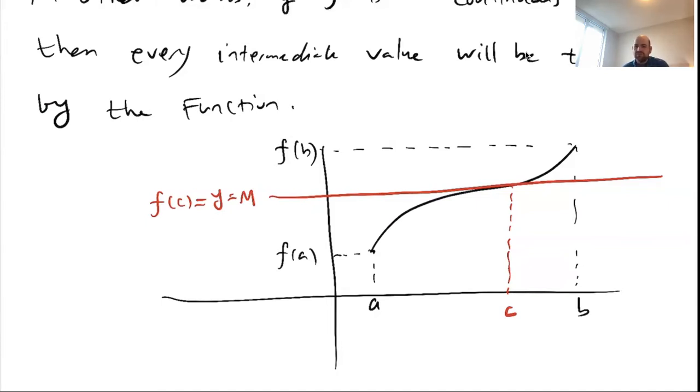When you start from f of a and go to f of b, every intermediate value will be taken by the function. But if the function is not continuous, then you can have a jump and some intermediate value may not be taken by the function.